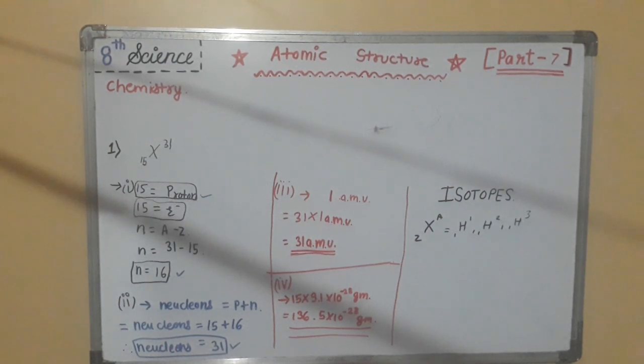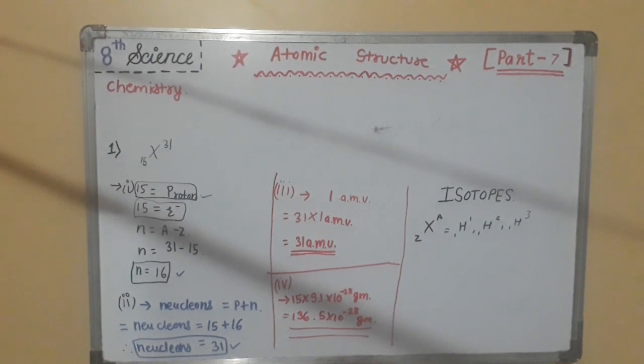There are some physical and chemical properties of isotopes. Isotopes are atoms of the same element having the same atomic number but different mass numbers. Hence they have the same number of electrons and protons but a different number of neutrons. As the number of neutrons is different, they have different atomic weights. The physical properties of an element depend on the mass of an atom or the atomic weight of that element.